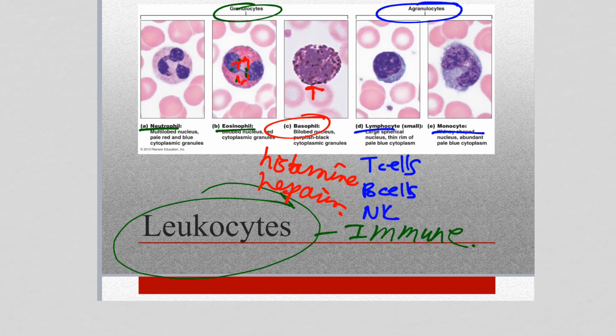And we'll talk again more about those when we get into the immune system. So those are the lymphocytes. They can be found in lymphoid tissue, lymph nodes, spleen, thymus, tonsils, etc. And their job is to function in the immune response. So, for example, B cells produce antibodies, and T cells are responsible for cell-to-cell combat. And when you get into the immune system, we'll talk about those in great detail.